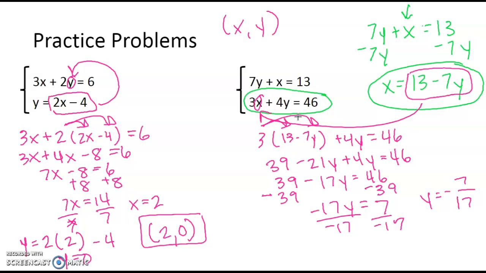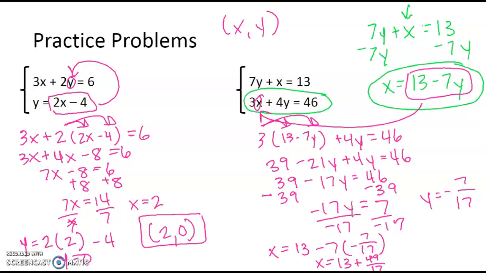We do have to solve for x because our final answer is going to be an ordered pair. So I can take this y value and plug it back into one of the equations. So I'm going to say x equals 13 minus 7 times negative 7 over 17. x equals 13 plus 49 over 17.